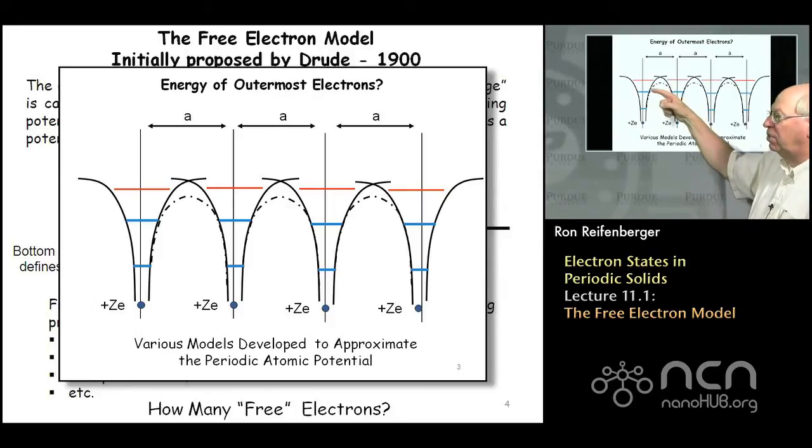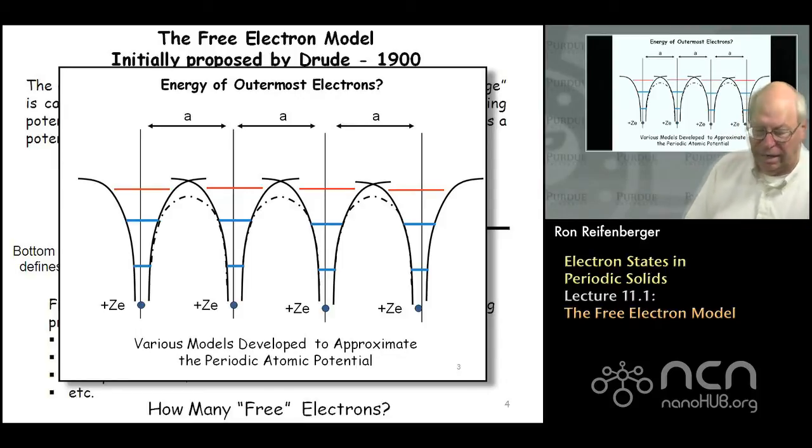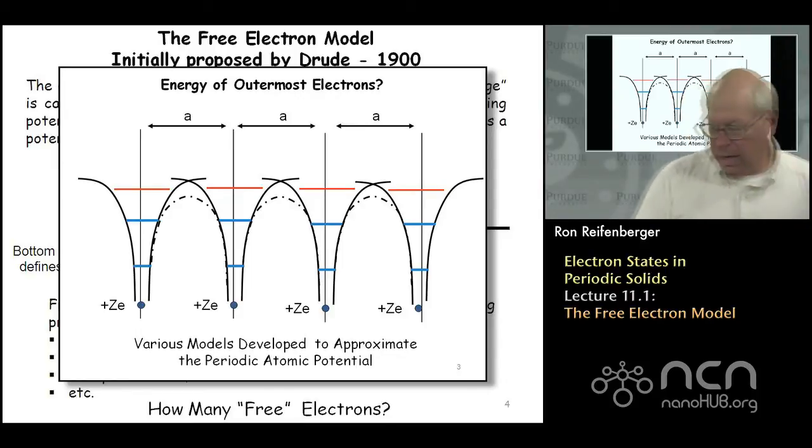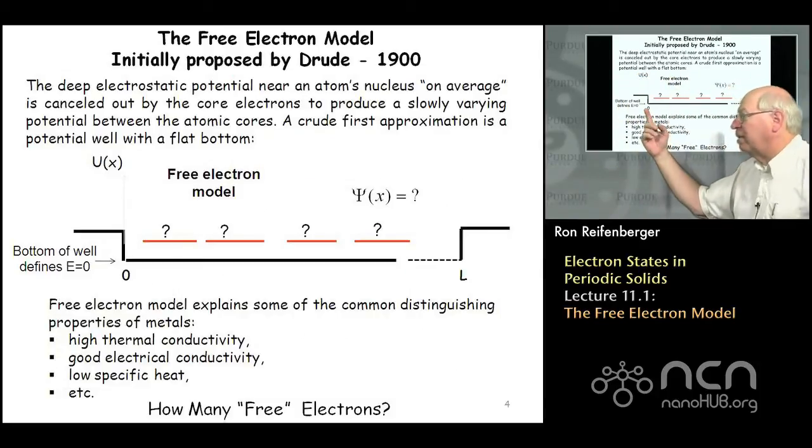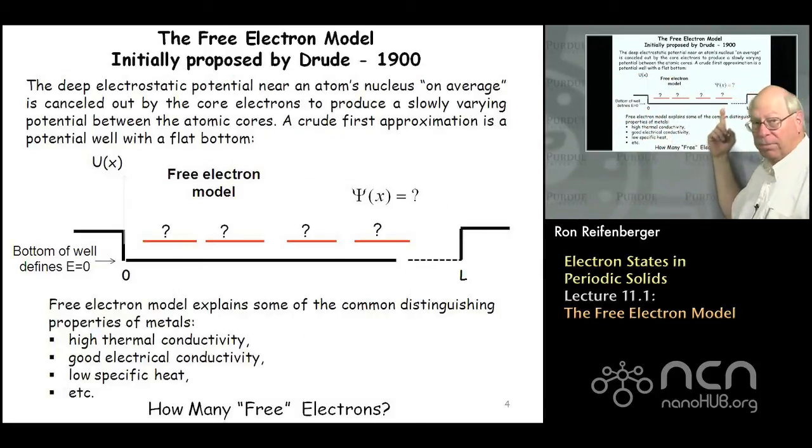Rather, they see a much gentler modulation of the electrostatic potential energy, simply because the majority of this variation is shielded out by the electrons that are tightly bound to the atom cores. This just means that, to a good approximation, the electrons can be considered as confined in a long potential well.